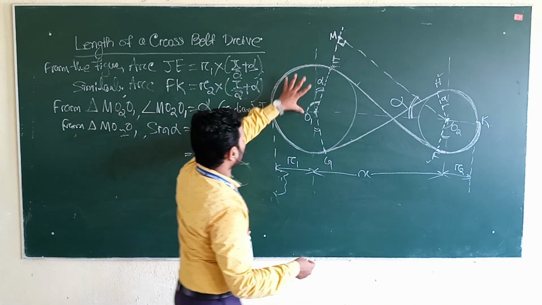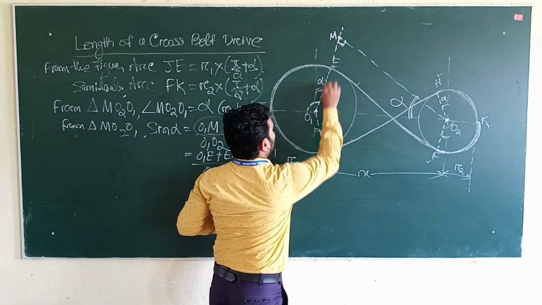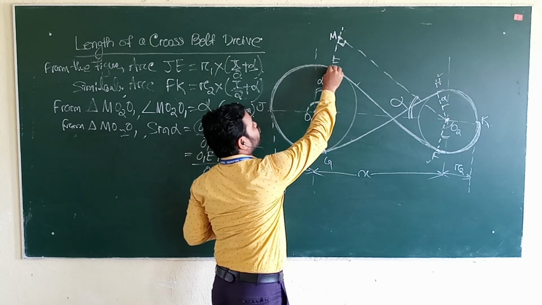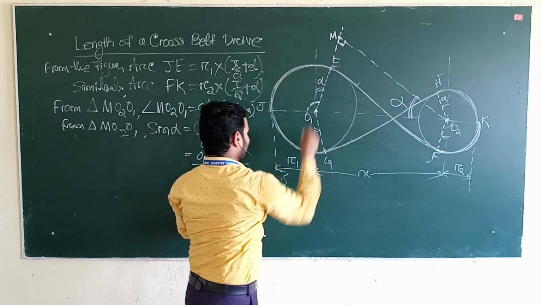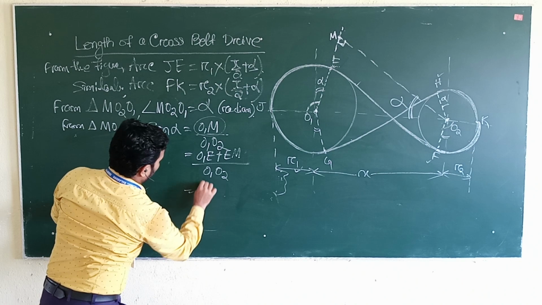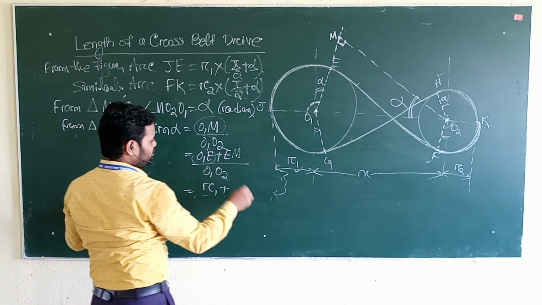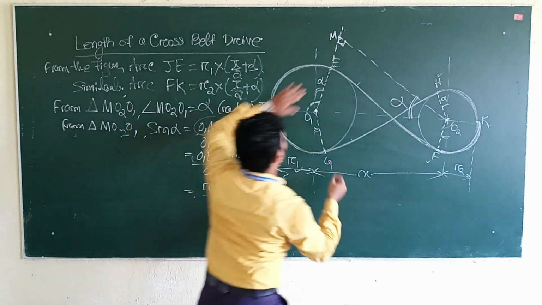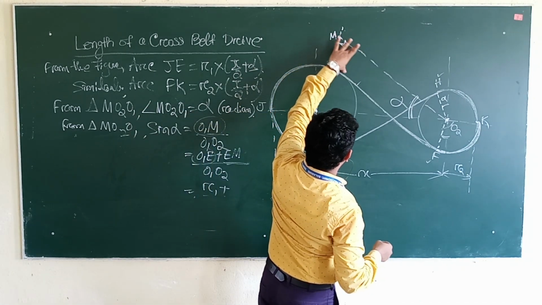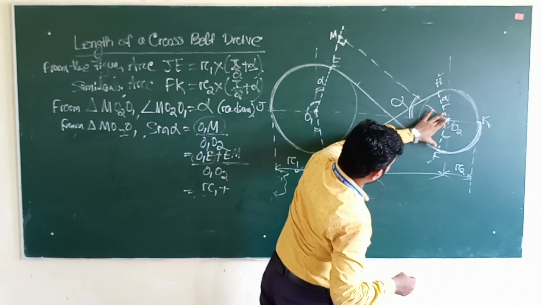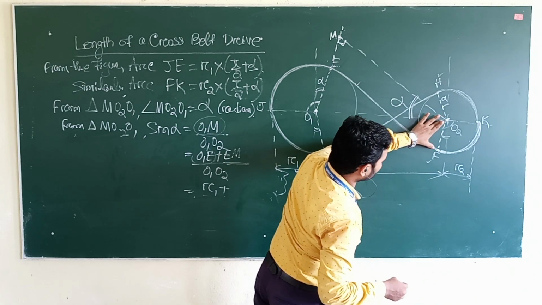Now what is O1E? This is the radius of the larger pulley. So larger pulley radius is how much? R1. So in place of O1E, we will write R1. Similarly, EM, see what is EM? EM is like O2F. What is O2F?